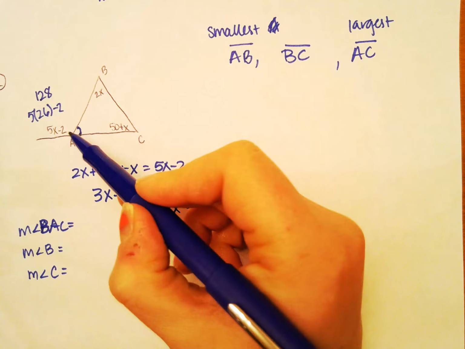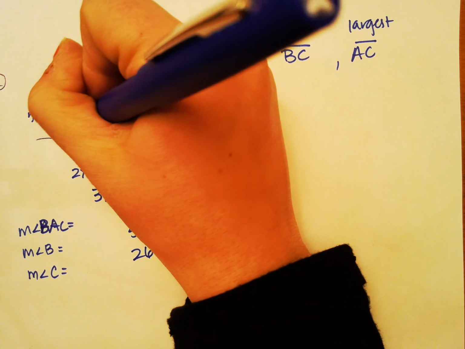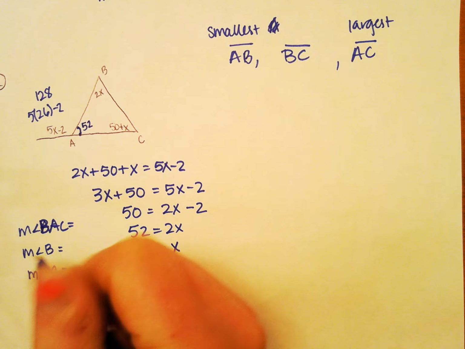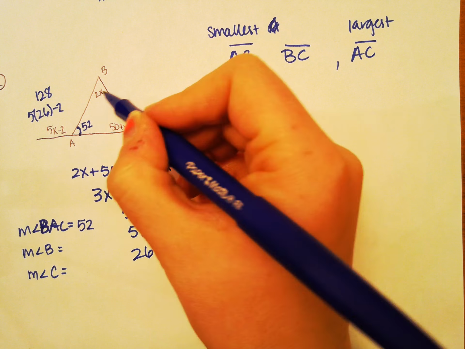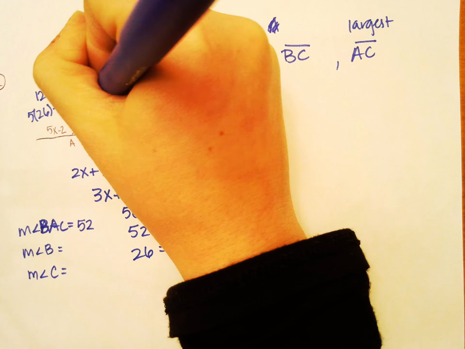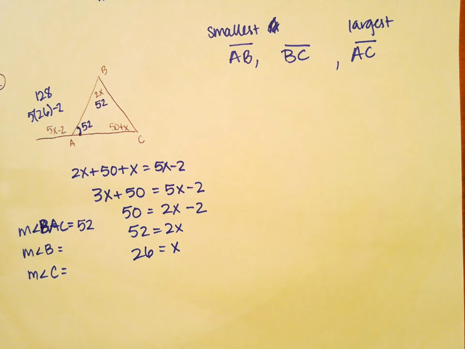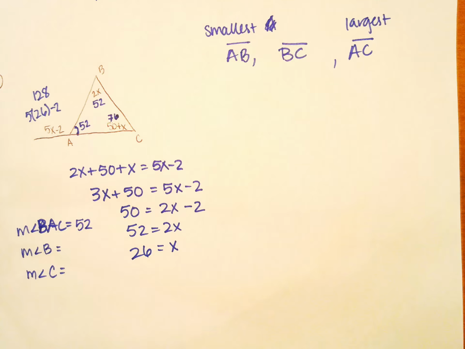And then I can find this angle by doing the supplement, so I'll subtract that angle from 180, and we should get 52. So the measurement of angle BAC is going to be 52 degrees. I can plug in 26 here and also get 52. And my last one, 50 plus 26, is going to be 76.